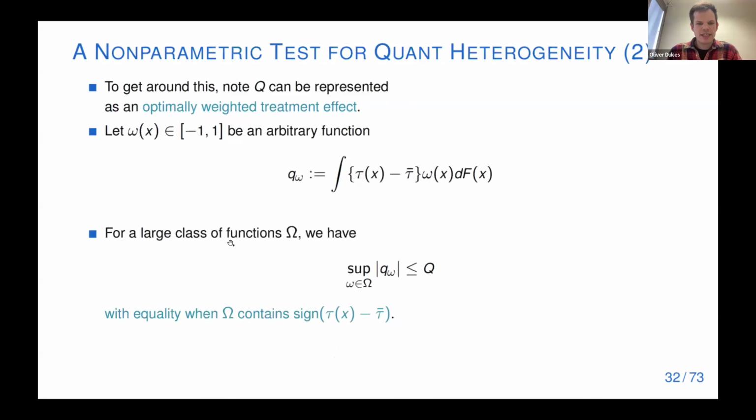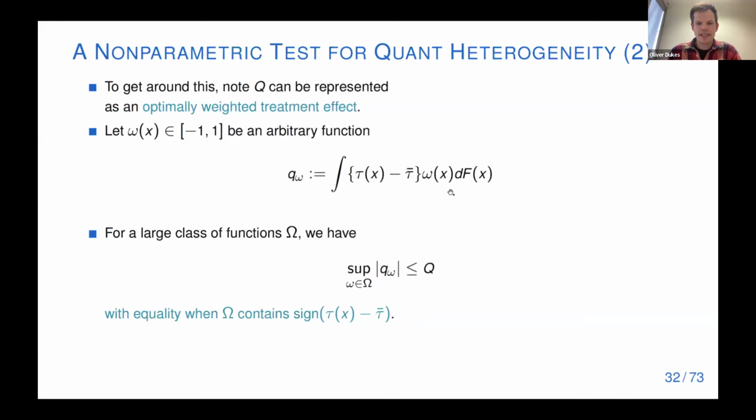So for any choice of weight function, the supremum over the class of weights is going to be upper bounded by large Q, the previous functional we were looking at. And this inequality becomes an equality when our class of weights includes the maximizer, which is the sign of the difference between the CATE and the average treatment effect.